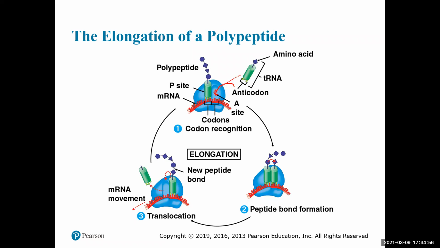Then the growing polypeptide chain in the P site will attach to that A site amino acid. Then the tRNA from the P site will be kicked out. The one in the A site will move over, and then you'll continue the process. So you'll continue elongating that polypeptide chain.